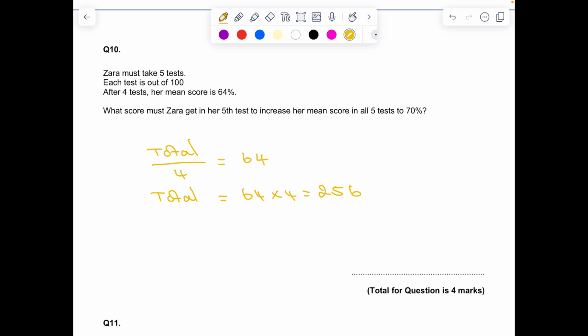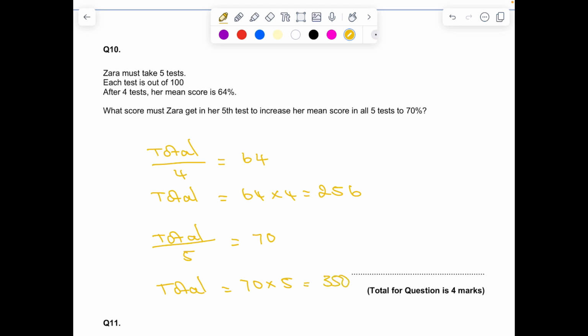However, we want after her 5th test, we want her mean score to be 70, which means that we actually want her total after 5 tests to be 70 times 5, which is 350.